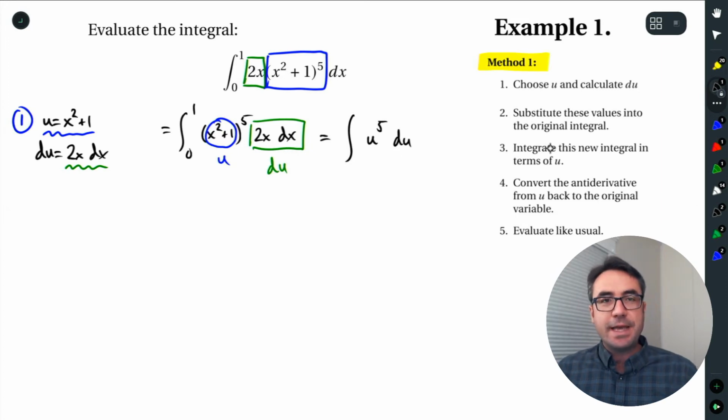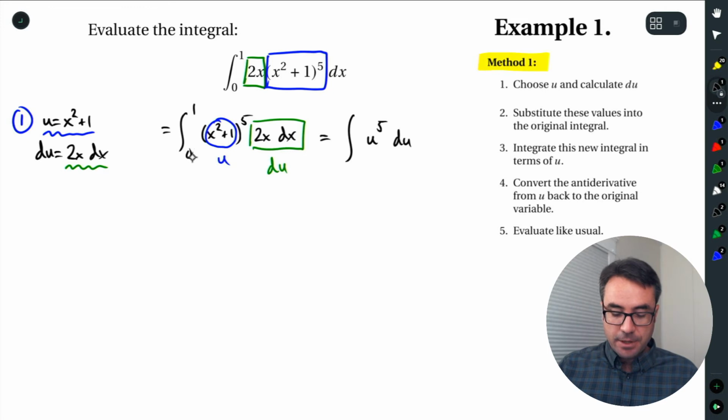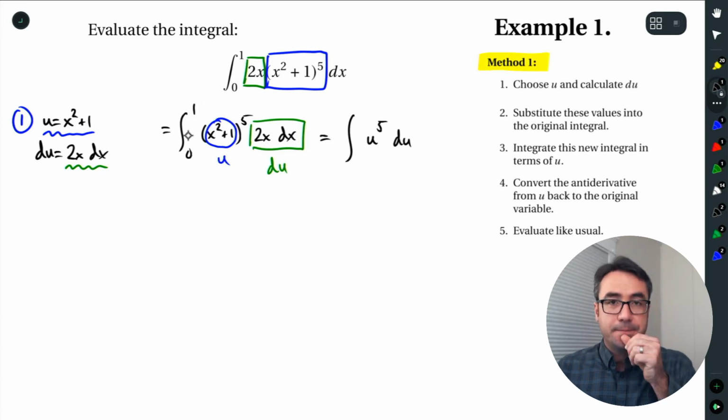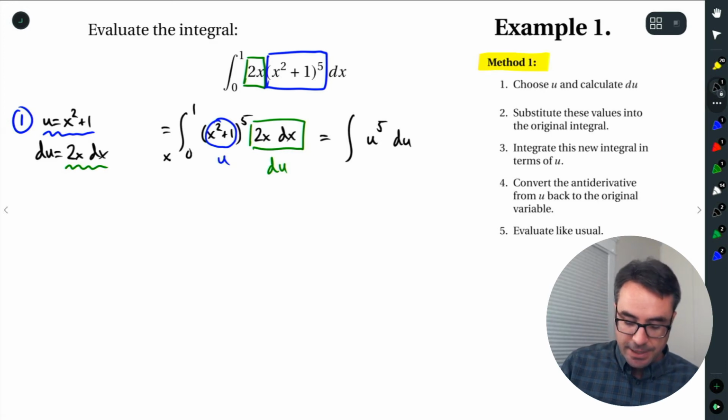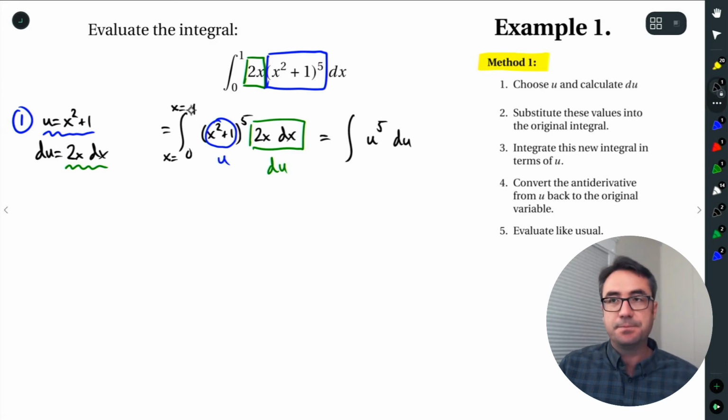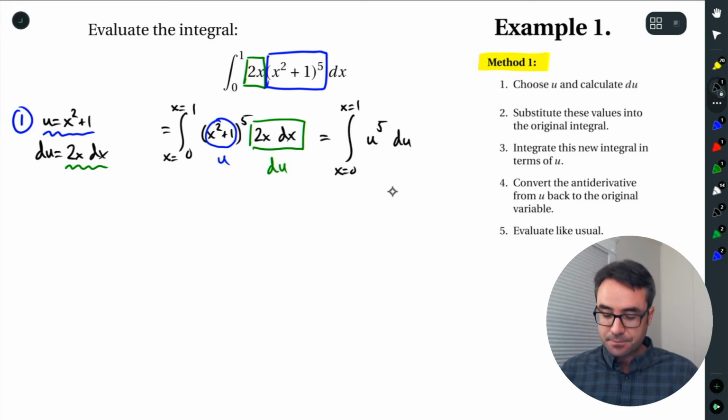To emphasize that our limits of integration stay the same, right now in this original definite integral they are actually x equals 0 and x equals 1, because we're integrating in terms of x. So we're going to leave these as x equals 0 to x equals 1. Also, it's a reminder that we need to convert back to x once we have our antiderivative. All right, so we have our integral here.